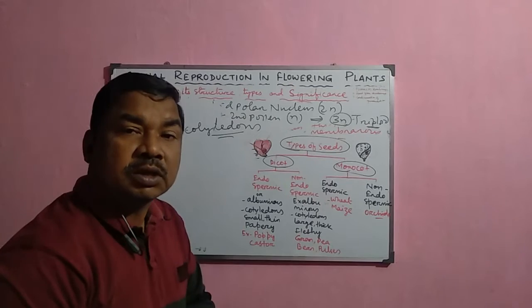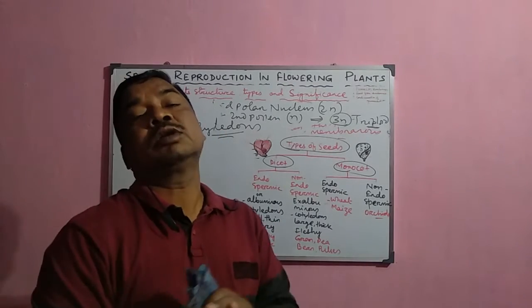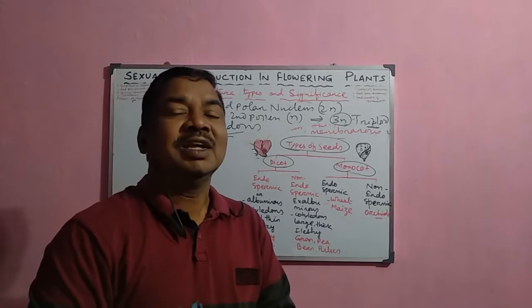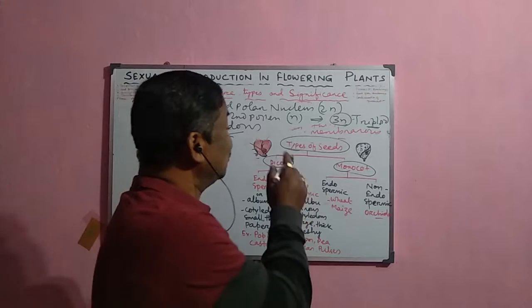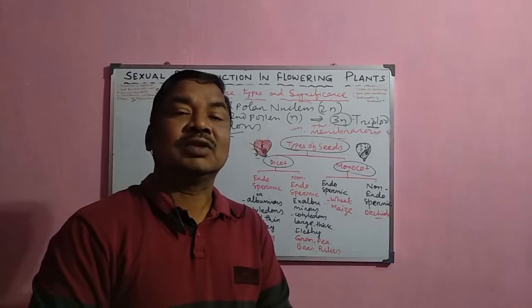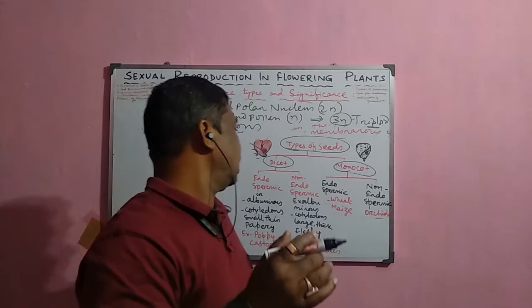Then what are dicot seeds and what are monocot seeds? When two cotyledons are there in the seed, then the seeds are called dicot seeds. And when there is only one cotyledon, then it is called a monocot seed, as we have already studied in our earlier classes.